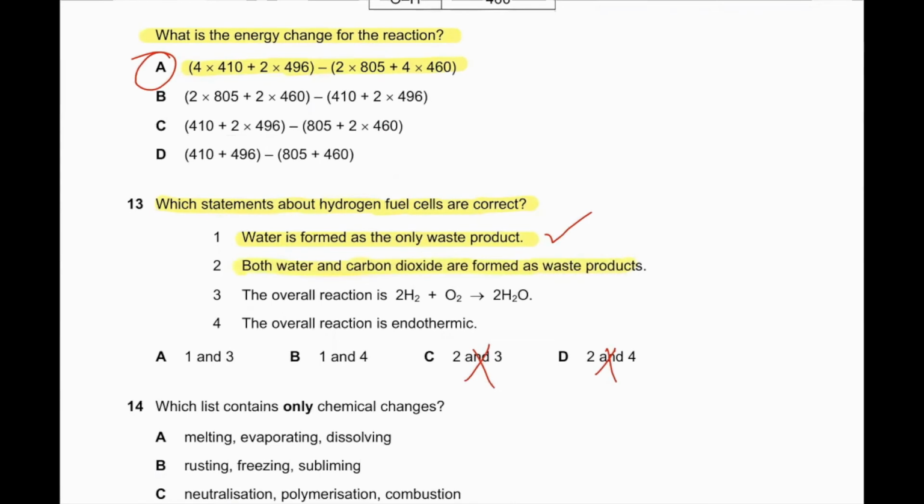We know that hydrogen fuel cell does not produce carbon dioxide. All right. Then point number three. The overall reaction is 2H2 plus O2 producing 2H2O. So definitely that is a correct overall equation for hydrogen and oxygen's reaction. The overall reaction is endothermic. No, the reaction is exothermic, releases a lot of heat energy. 1 and 3 correct. Question number 13, A is the correct answer.